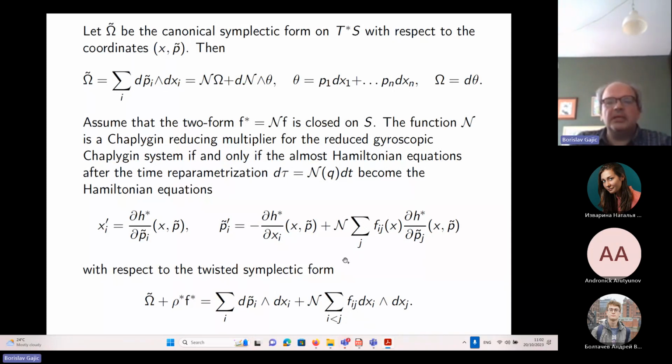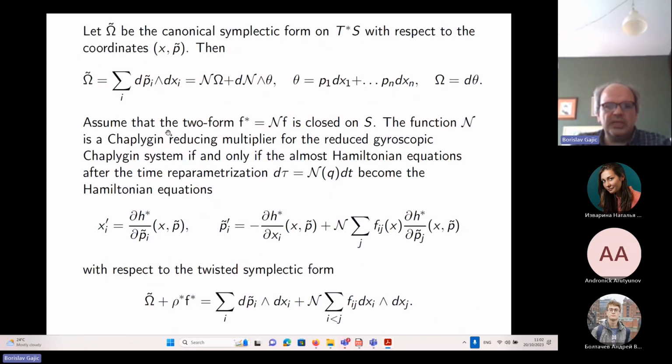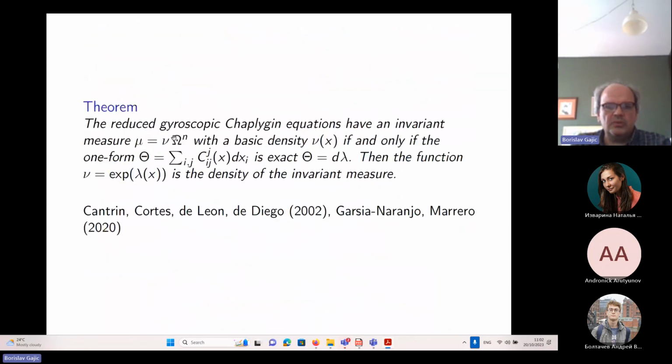So we have that n is a Chaplygin reducing multiplier for the reduced Chaplygin system if and only if this C satisfies this equation. But in invariant form, this is P, the term in this Hamiltonian, if you remember. Let me show you again.